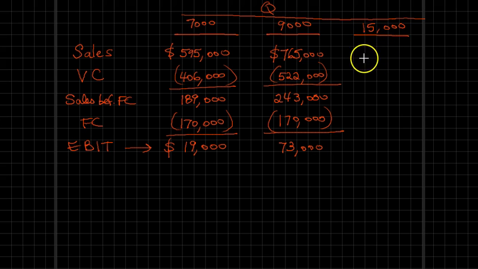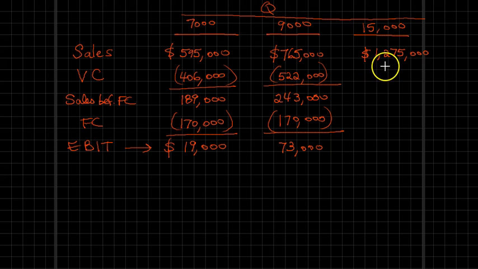Now finally, with 15,000 pairs of shoes sold at $85 per pair, the total sales figure would be $1,275,000.